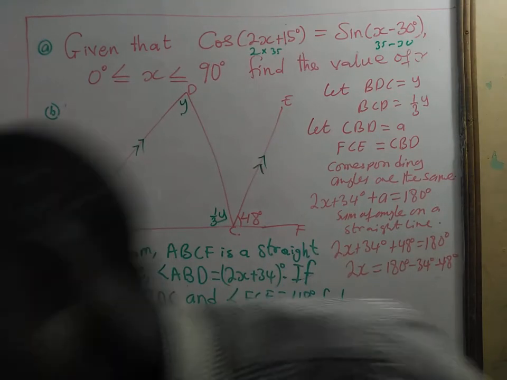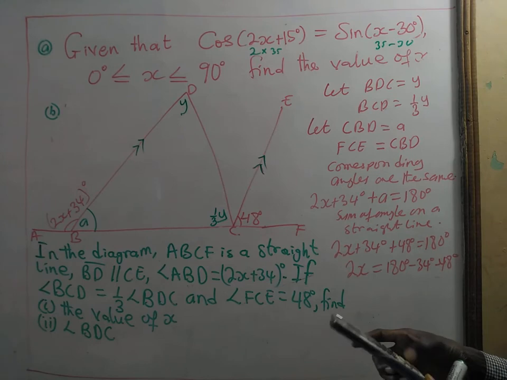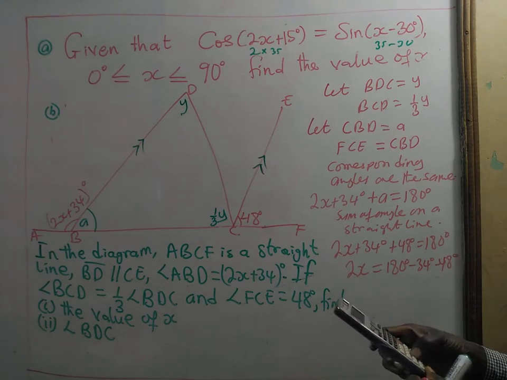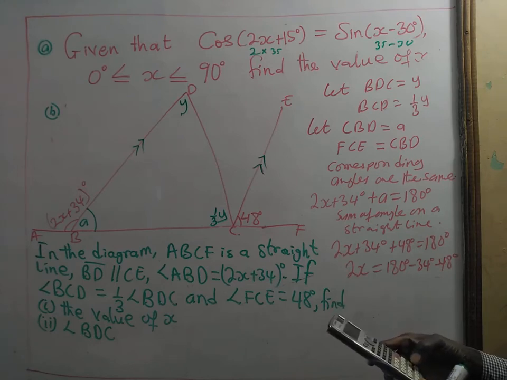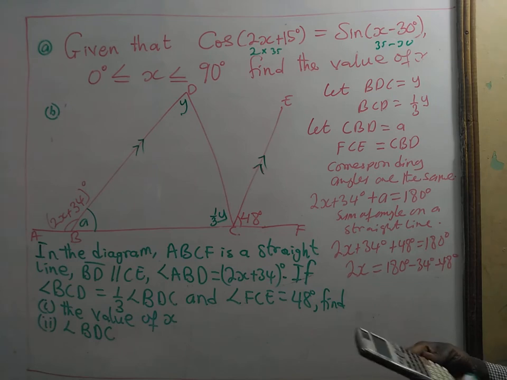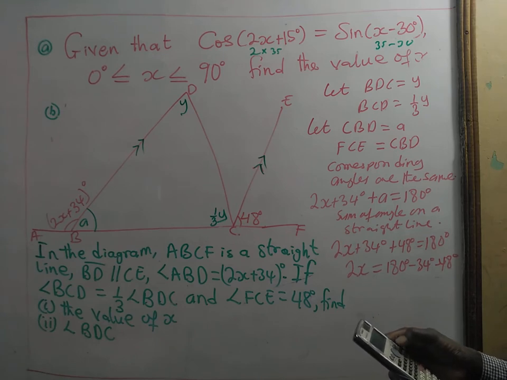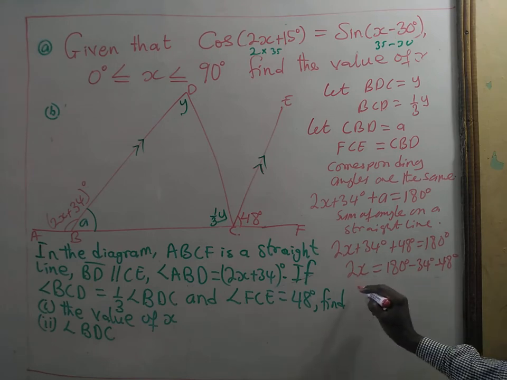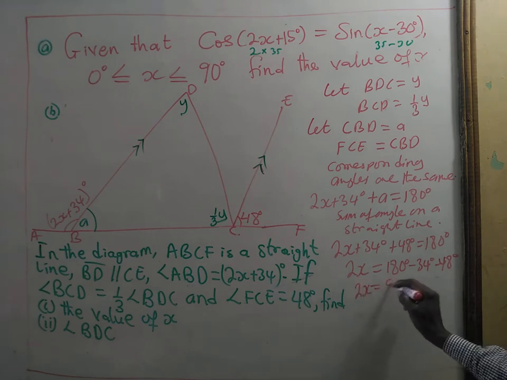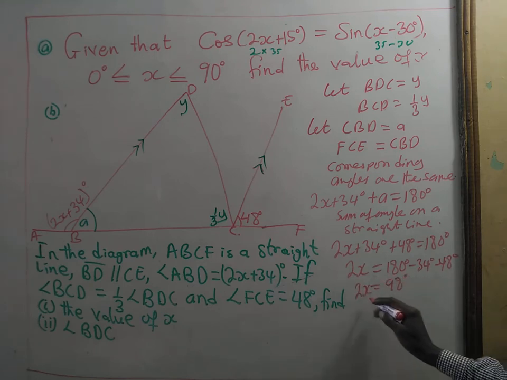Now, calculator work. We have 180 minus 34 minus 48. That gives, wow, I've made it addition here. That gives 98 degrees. So I have 2x equal to 98 degrees.